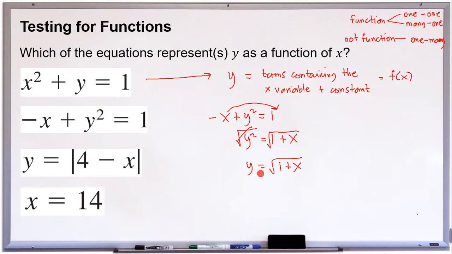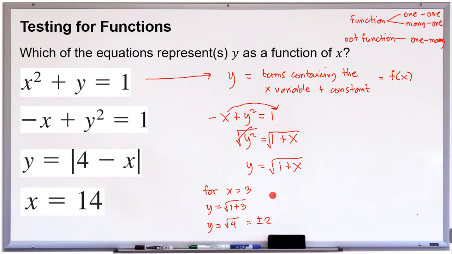Now let's continue with our second example. You have y is equal to the square root of 1 plus x. Now for x is equal to 3, you have y is equal to the square root of 1 plus 3. So that is y is equal to the square root of 4. Take note, for a square root we have two values, and these are positive and negative 2.